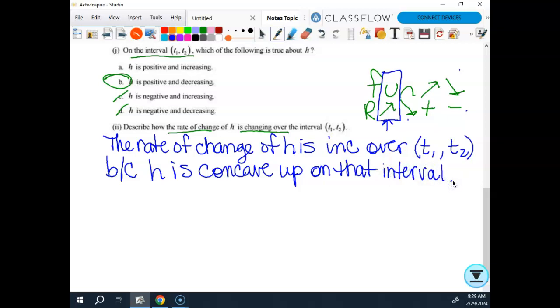And we want to stay on that interval because it's not concave up the whole time, right? Make sure that we're expressing that we understand that and that it's concave up on that interval. And that comes from your fun chart, okay?